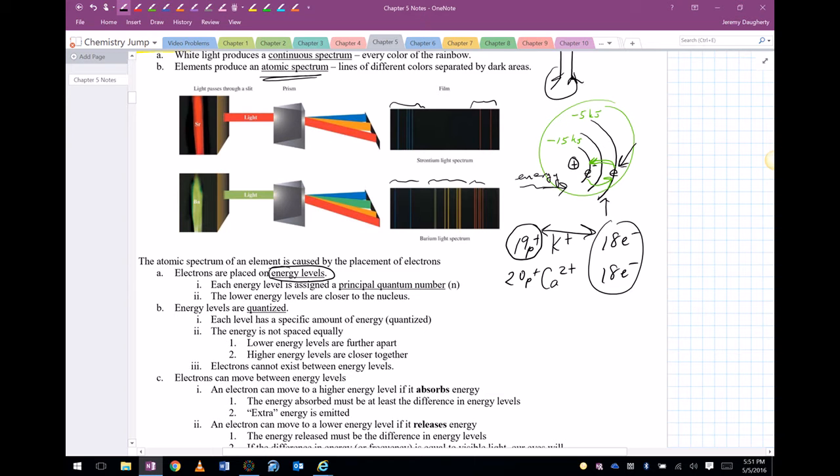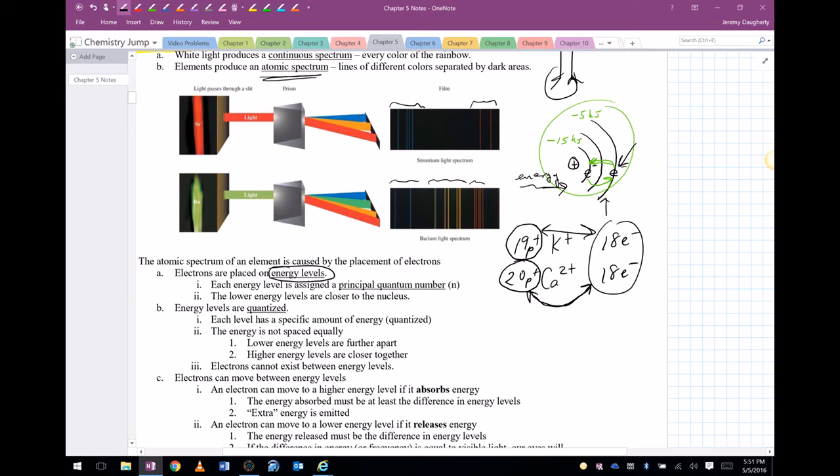And that's not odd to you guys. We know that opposites attract, and we also know that we can measure that force of attraction. Will 20 protons have the same, less, or more force of attraction for the same number of electrons? Yeah, 20 protons will have greater force of attraction.